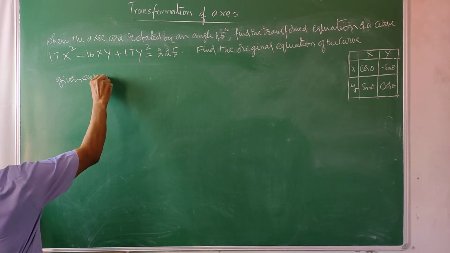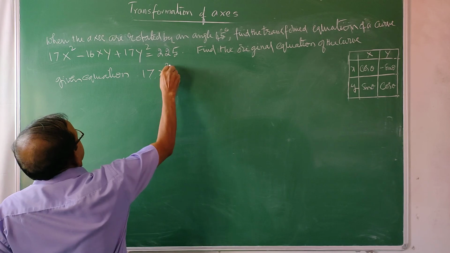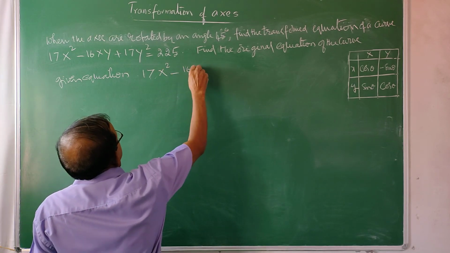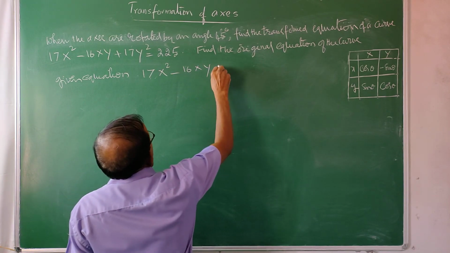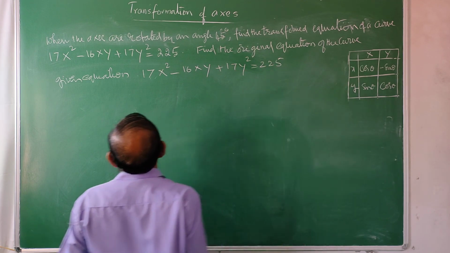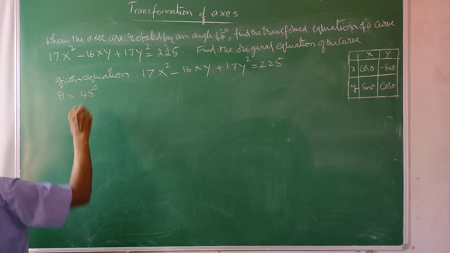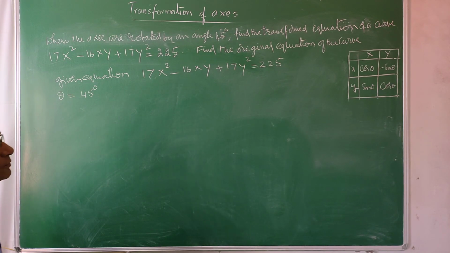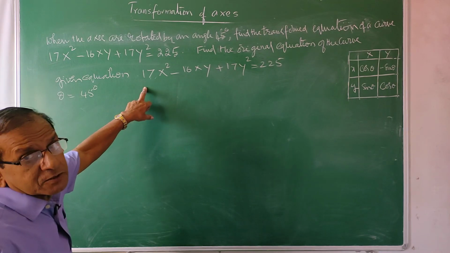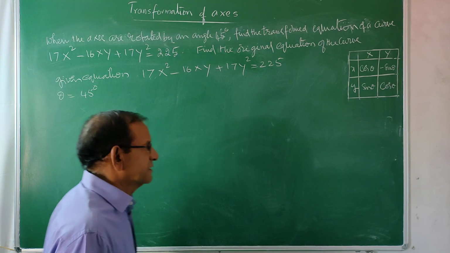Given equation: 17x square minus 16xy plus 17y square equal to 225. Theta is equal to 45 degrees. Now we have to convert big X, big Y to small x, small y. We have to use this table to get the relations.